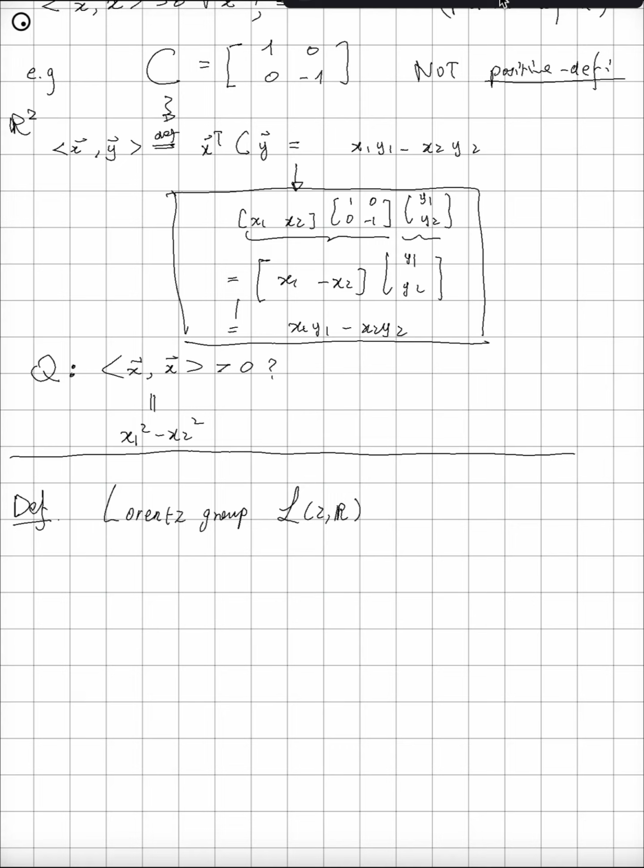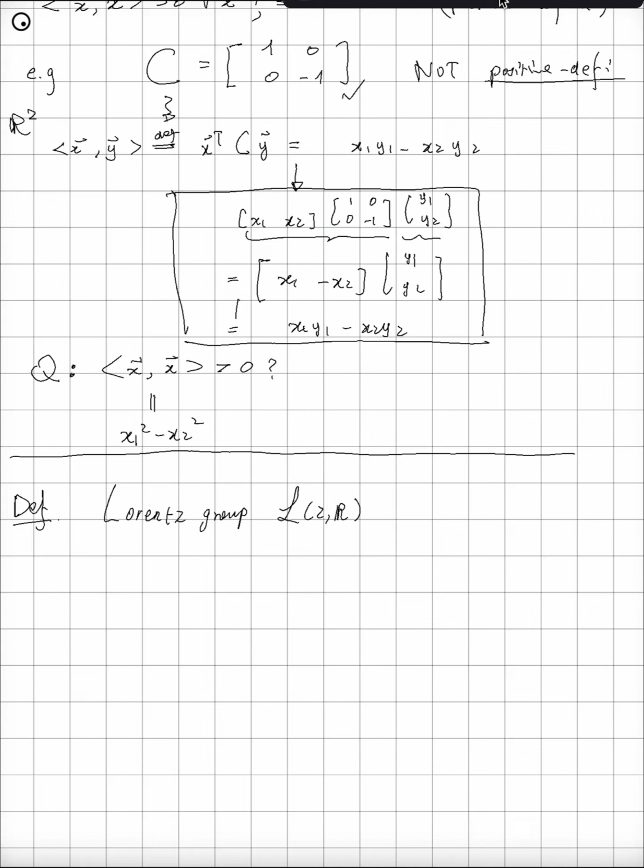If it's the inner product, then the group of symmetries could be the one we described in exercise 35, sub-exercise. And if it's this Lorentz product, which is the C I described here, then the group of symmetry of this Lorentz plane R2 is the linear transformations of R2 which preserve the Lorentz product, and hence what is called the interval in physics.